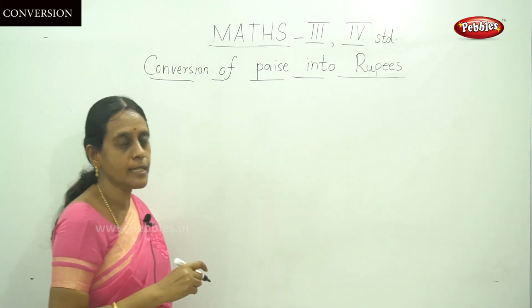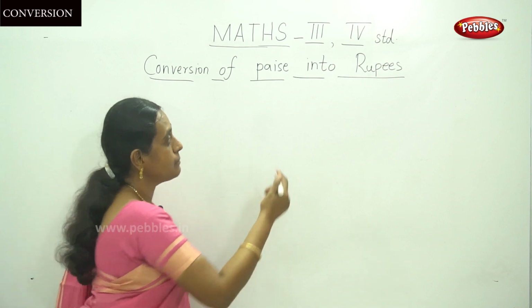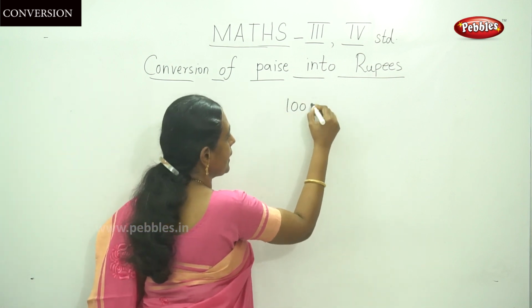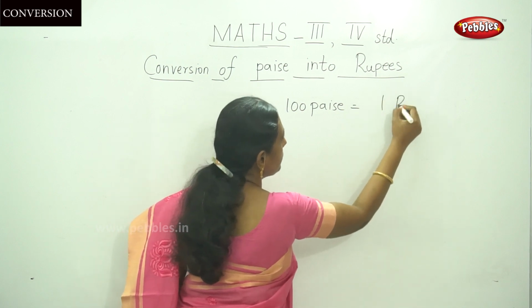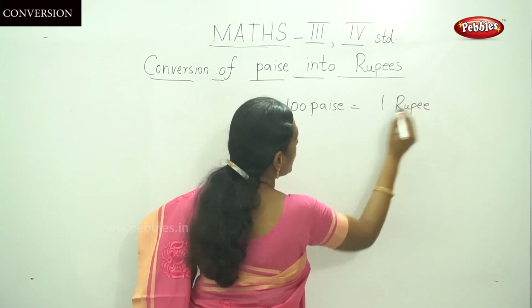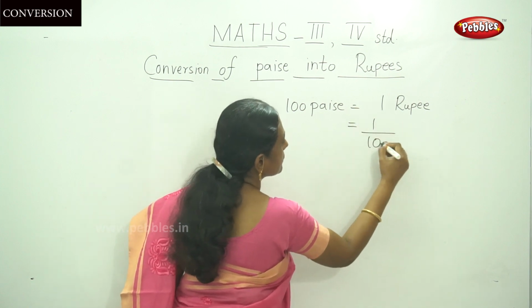Same formula: 1 rupee is equal to 100 paise. That means 100 paise is equal to 1 rupee. So the given number is divided by 100.